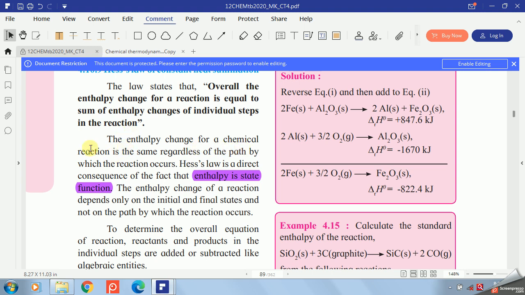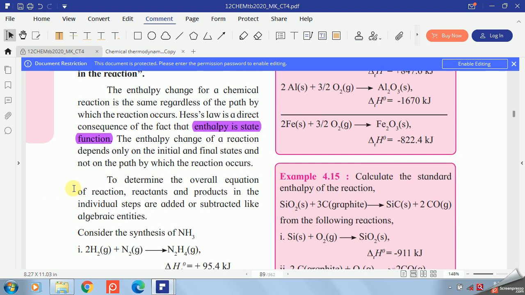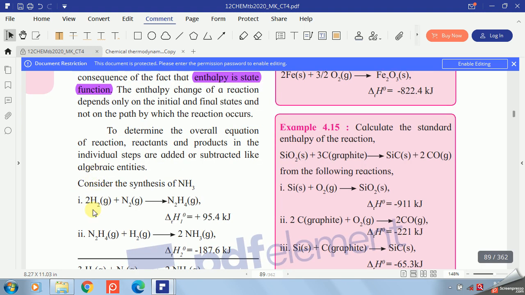So the enthalpy change for a reaction is the same regardless of the path by which the reaction occurs. It is a direct consequence of the fact that enthalpy is a state function. When we discussed the enthalpy of sublimation, at that time I mentioned this law.